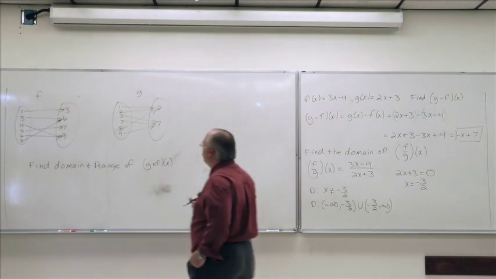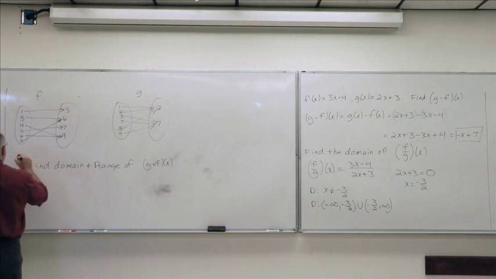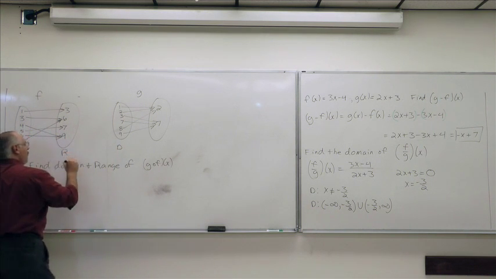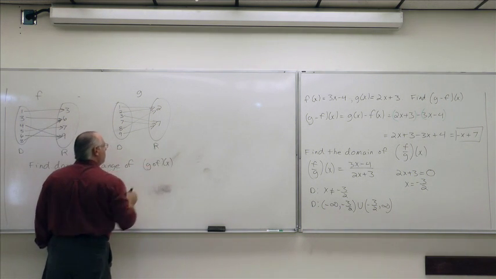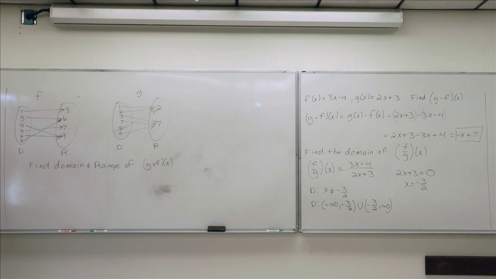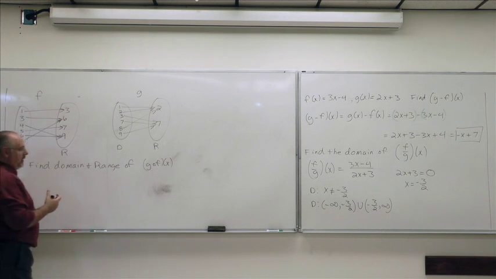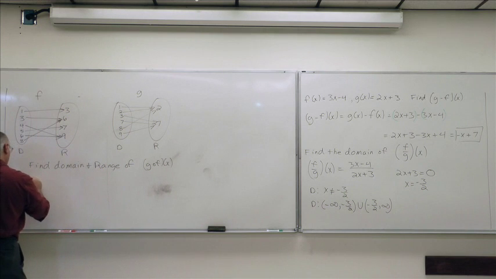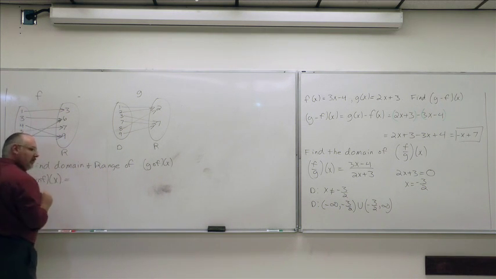All right. So remember that the domain is the first set. The range is the second. The other thing you have to remember is that we're plugging, if we think of this, g of f of x.